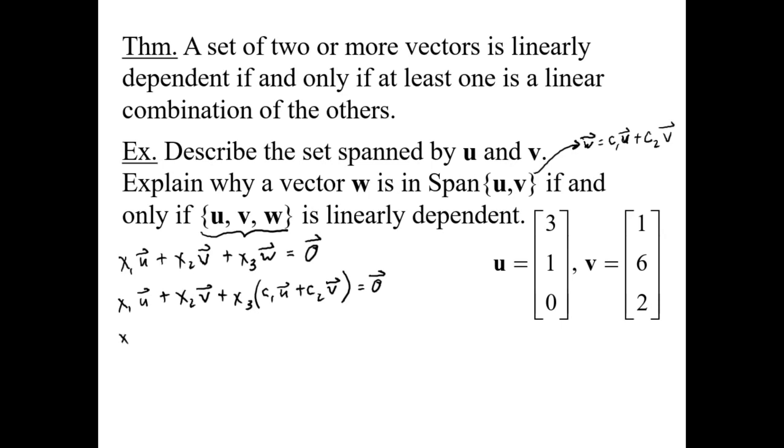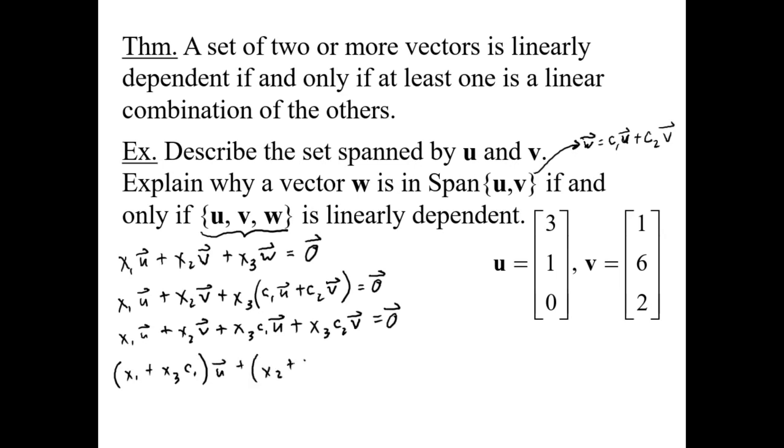Let me distribute a little bit. So x1 times u plus x2 times v plus x3 c1 times u plus x3 c2 times v. And then rearranging a little bit, the coefficient for u would be x1 plus x3 times c1, and the coefficient for v would be x2 plus x3 times c2.